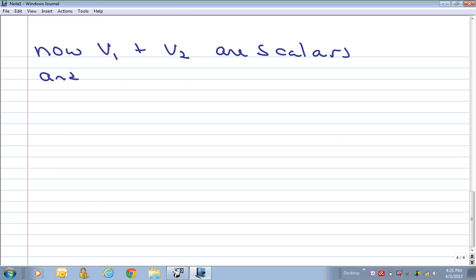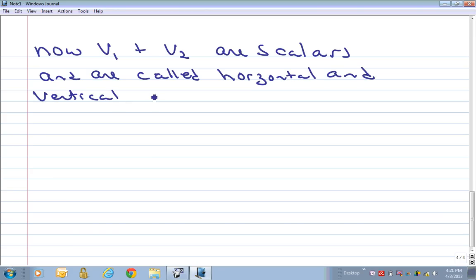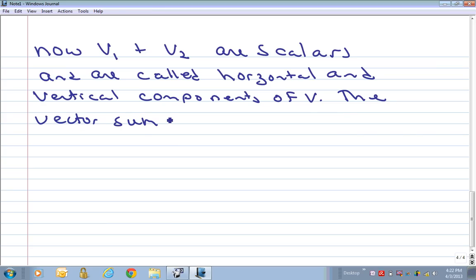And are called horizontal and vertical components of V. The vector sum V sub 1 I plus V sub 2 J is called a linear combination.